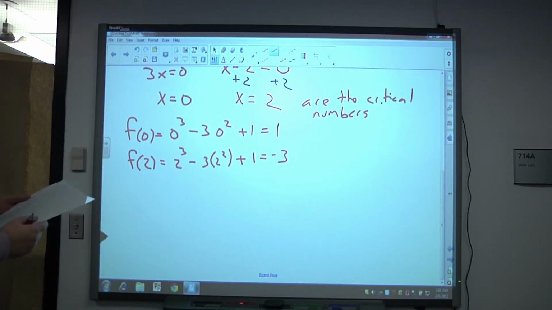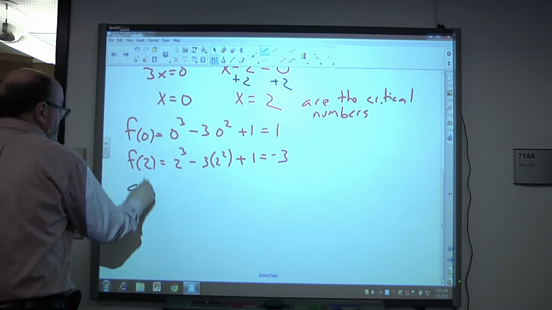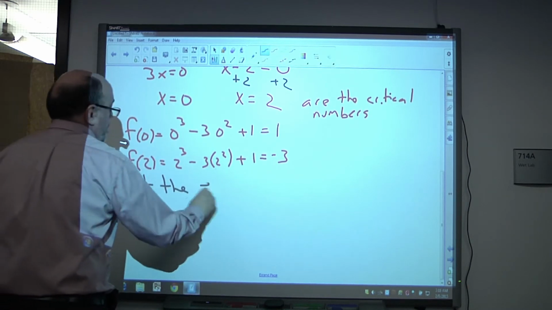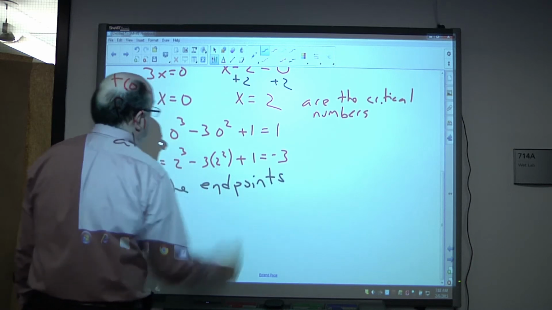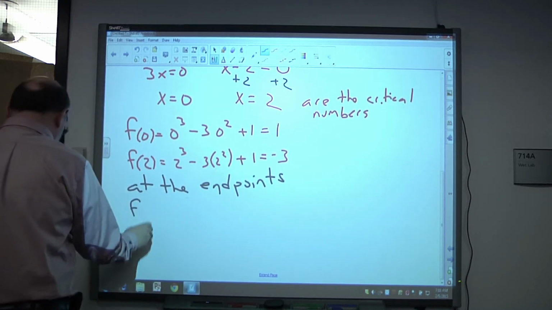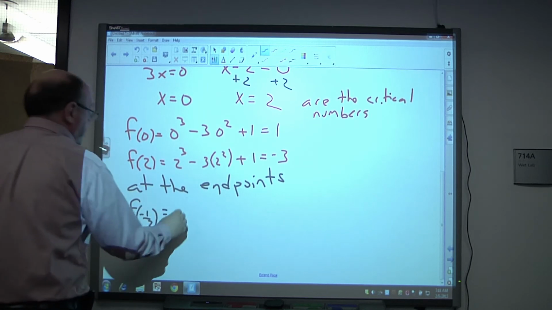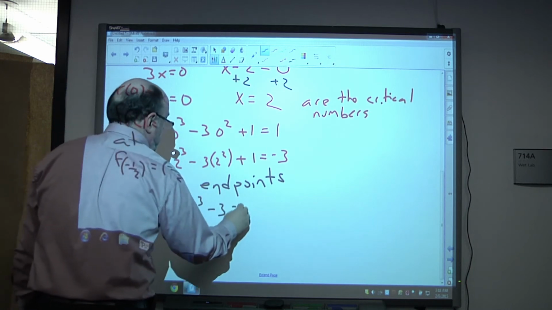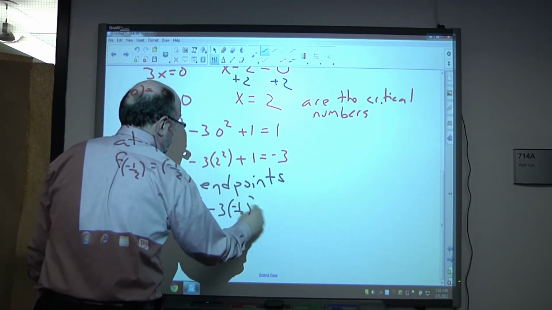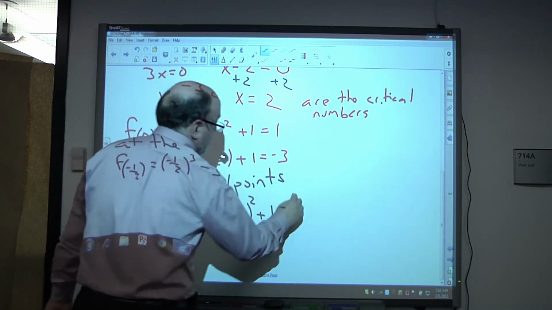So now we go to the next step, which is evaluate the function at the endpoints. So my A and B values, so f of -1/2, well, that would be -1/2 cubed minus 3 times -1/2 squared plus 1, and that'll give us an 8.